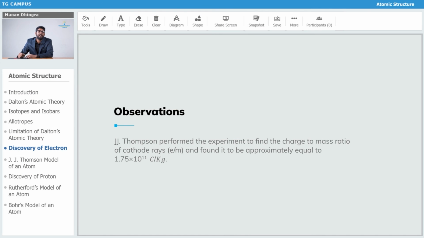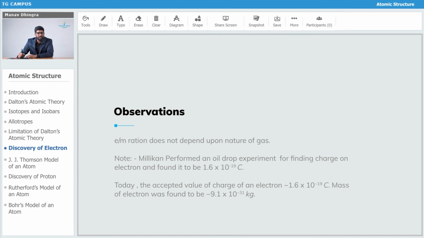So this value, when he calculated it, there was another scientist who was working on the charge of the electron. The scientist Millikan found the charge on the electron to be 1.6 into 10 to the power negative 19 coulomb using the very famous oil drop experiment.